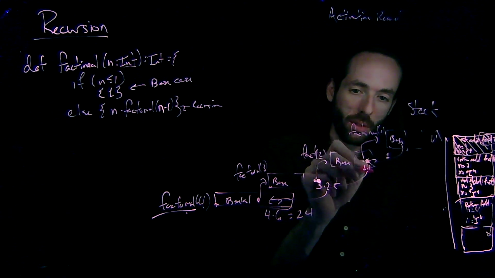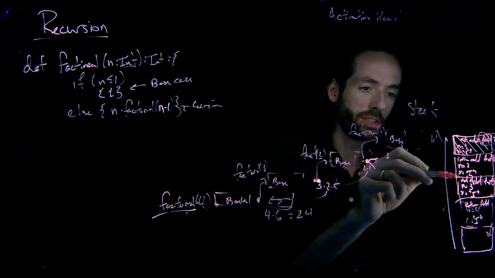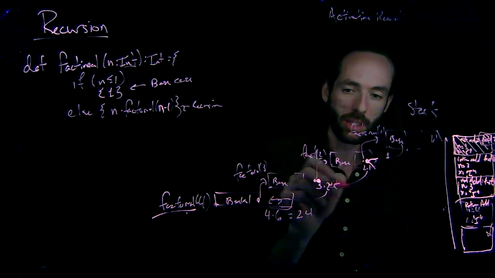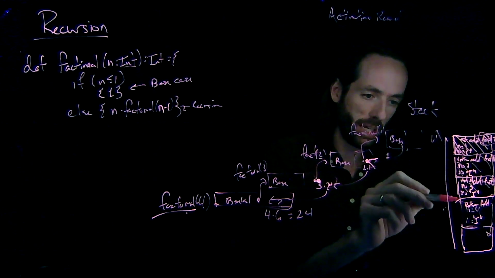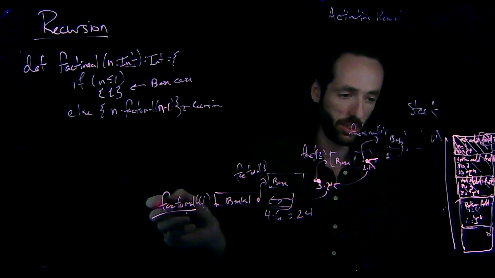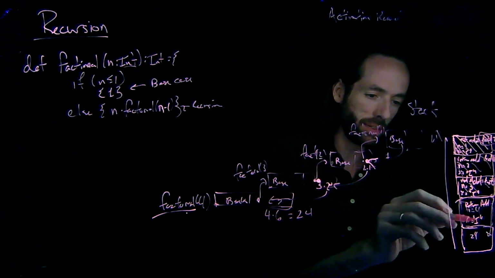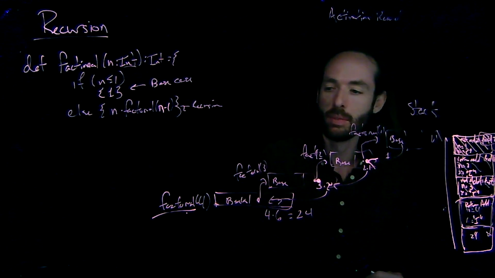So that's the location at the arrow right here. And likewise, factorial 2 will finish doing whatever calculations it needs and then return to its return address. And then we keep on doing this until we get back down to our original call of factorial 4, which then returns 24 to whatever had called it, like our main function.